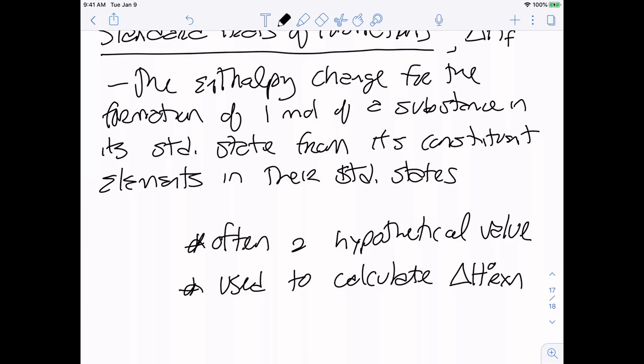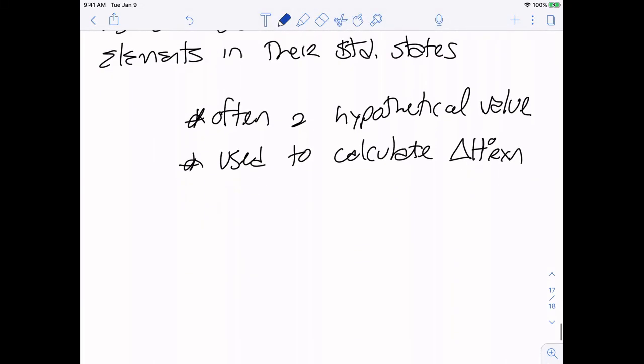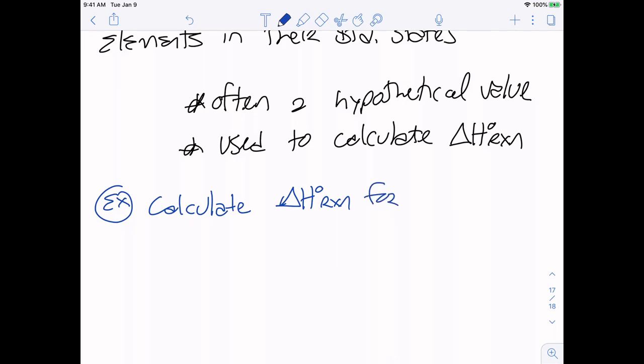So I'm just going to give us an example. I think the easiest way to learn how to do it is to just go through an example. So we're going to calculate my enthalpy change for the following reaction.